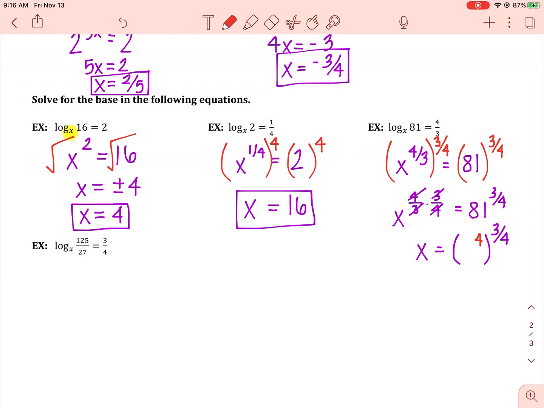I want to get 81 to be rewritten with a power of 4 so that the denominator of my exponent and the exponent will cancel. You can rewrite 81 as 3 to the 4th. Nice. This looks good. That means I'll just have x equals 3 cubed because those 4's will cancel. x equals 27.